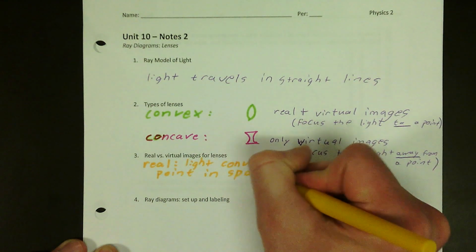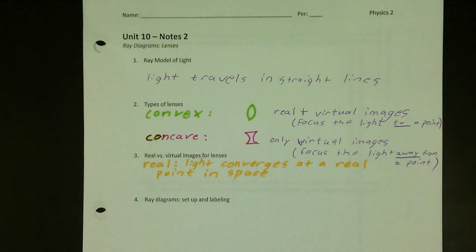Light comes together at an actual, real, honest-to-goodness point in space. I gave you this example before break. I said the projection is a real image. It forms at an actual place in space, and the actual place is on that screen. I can put my hand there. I can actually see where the image is. If I put my hand here, now it forms on my hand. It's a real image. I can put my hand at the real place in space where it is. So that's a real image.